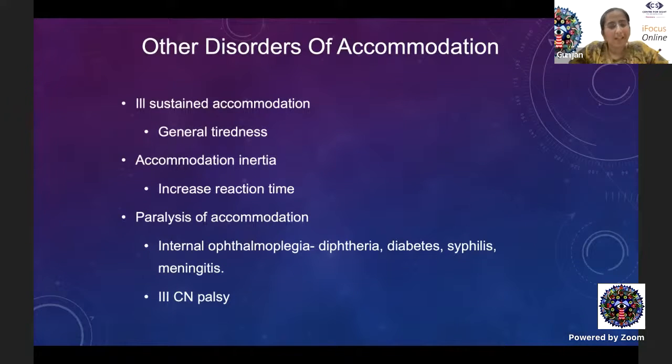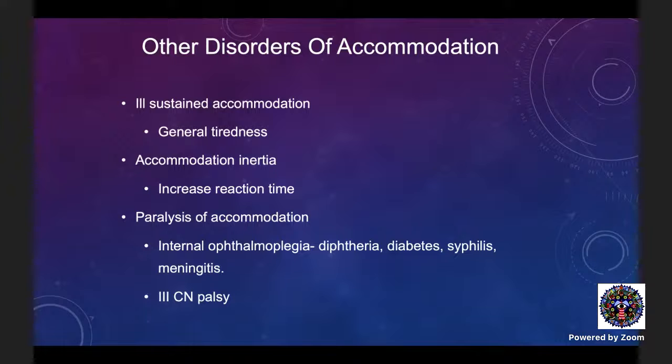In these cases, the patient will complain that when seeing a near object and then changing focus to a distant object, for some time they are not able to see the distant objects. That is because of the increase in the reaction time.